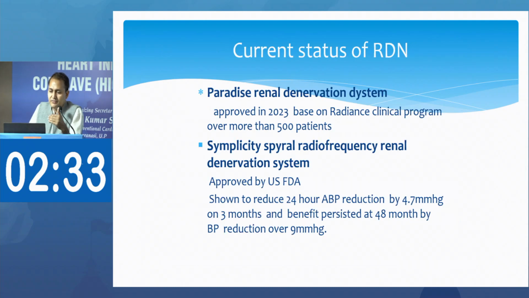But still we have recent data where this is being advocated with the newer devices like the Symplicity Spyral radio frequency renal denervation system, which is approved by US FDA, and it is available in India also for use on resistant hypertension patients. But these therapies have to be advocated in those patients where we are using 4 and 5 or 6 drugs, and still we are not able to control them.